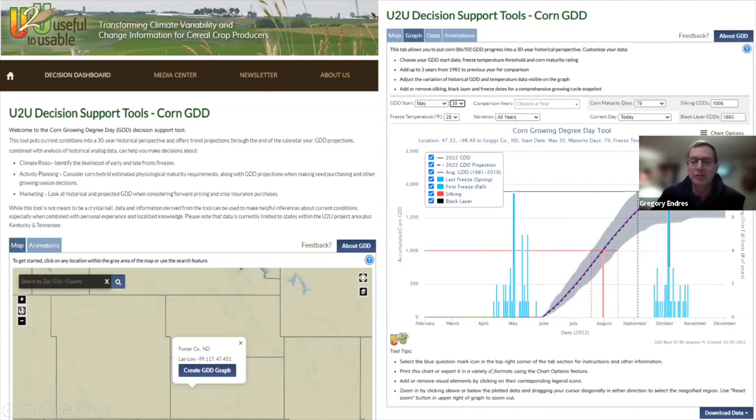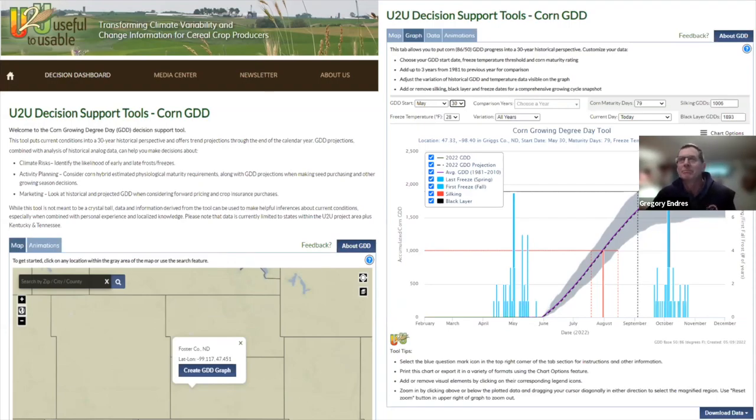And by the way, as you've noticed on the graph, it'll show the long-term average front end and back end of the growing season and when frost occurs. And this would also be useful, especially over time, just to help you fine-tune your relative maturities for a particular field.